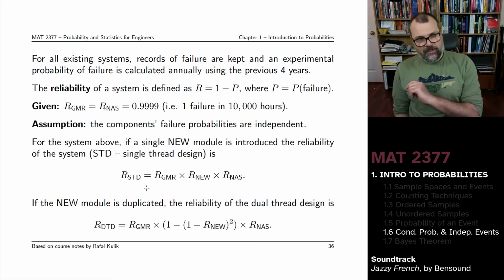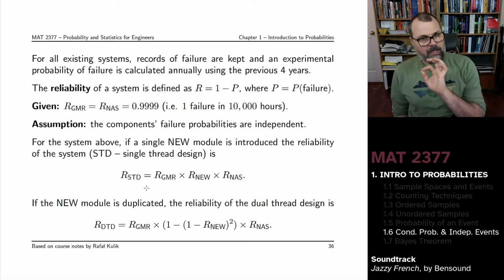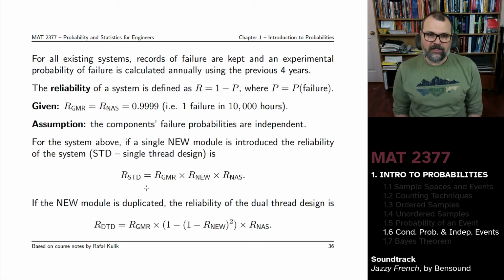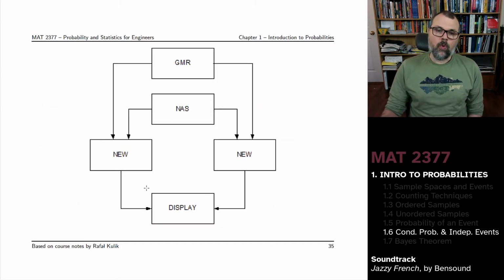And we're going to make the assumption here that the failure probabilities of each of these components are all independent from one another. So if the NAS fails, it's not going to affect whether the GMR fails, or the new component also fails. So in the system that I've showed you, if you just add one new component here, so GMR, NAS, and the new component, everything combines into the display.